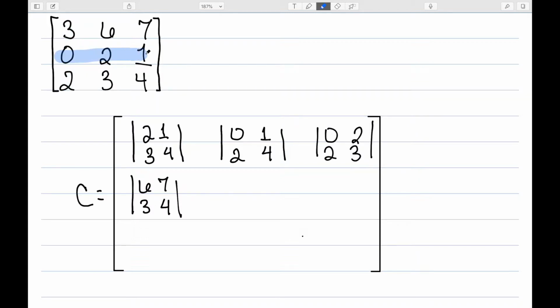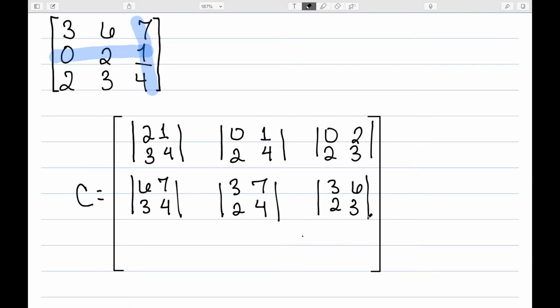Now we're in the second row, second column, so we'll get rid of those. We're left with 3, 7, 2, 4. We're still in the second row, but this time we're in the third column, so we'll get rid of those. We're left with 3, 6, 2, 3. We're now moving down to the third row.